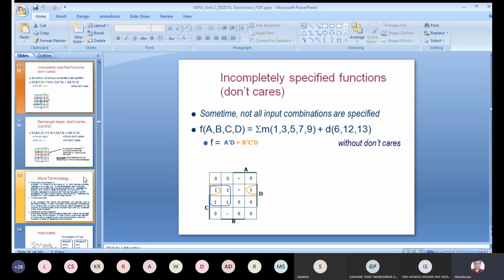Don't care condition means that while forming a grouping, you can consider that cell as either 0 or 1. If you are solving POS, you can consider it as a 0. If you are solving SOP, you can consider it as a 1. Any combination is possible because the name is don't care.